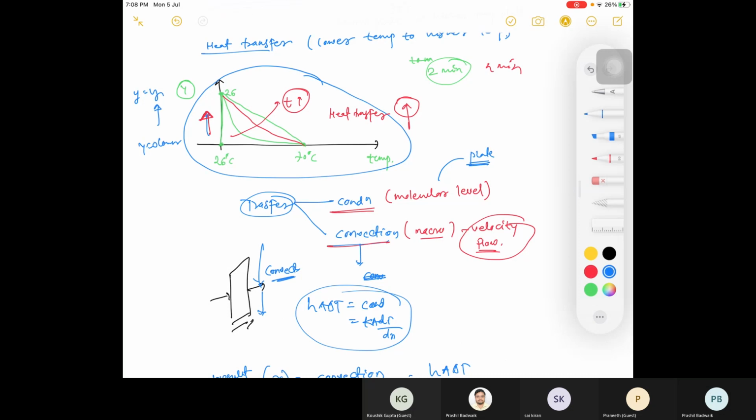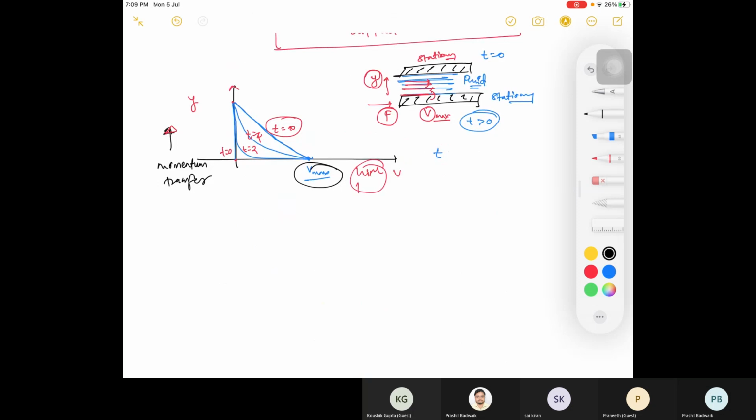If I did any mistake, please correct it. Your heat will transfer from higher temperature, which is at lower plate, to lower temperature, that is at upper plate. Similarly, here where is velocity more? At the lower plate, and where is velocity less? At the upper plate. So there will be momentum transfer from lower plate to upper plate, that is from higher velocity to lower velocity.